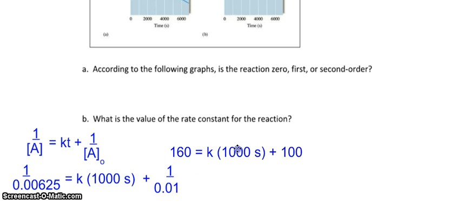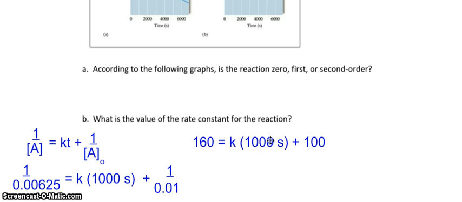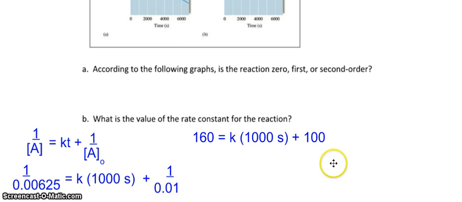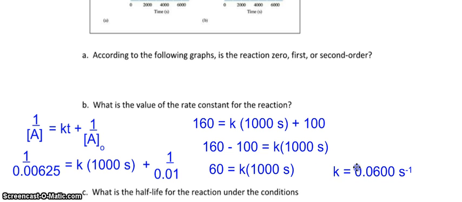I found that 1 over 0.00625 is 160, and 1 over 0.01 is 100. I subtracted 100 from both sides, and then I just solved for K. So K is 0.06001 over seconds.